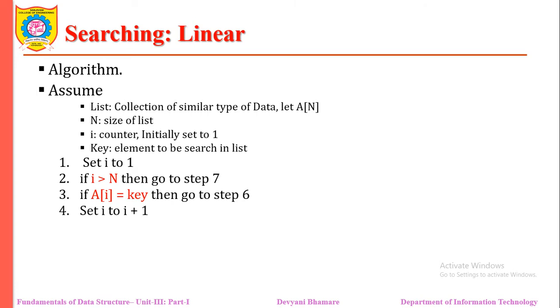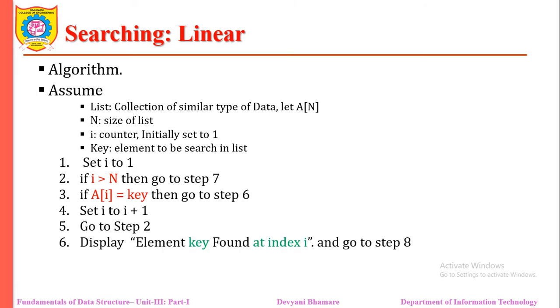If A of I does not match the key, then I is increased by 1 and checked again against the range of our array. If it is within range, A of I is again compared with the key element.